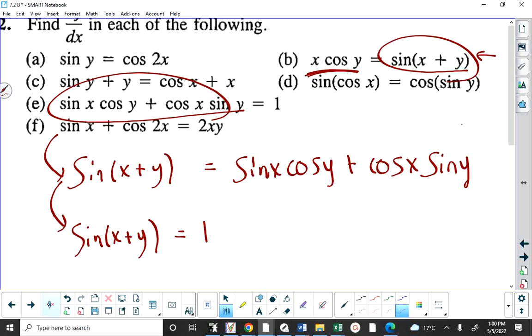It's not even sine x cos y. If it were this, then I think it would be a good move to change the thing that's circled to this, because then you could subtract sine x cos y from both sides and have something much simpler to deal with. Okay, we are going to move on.